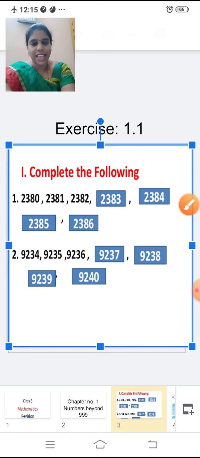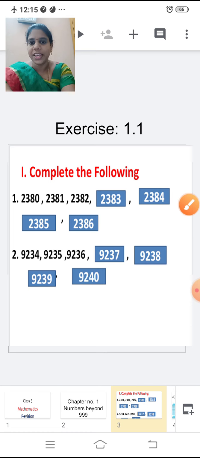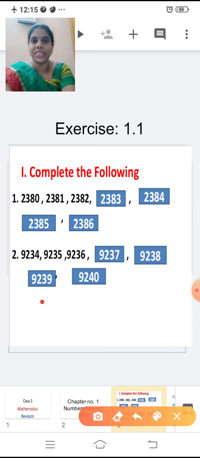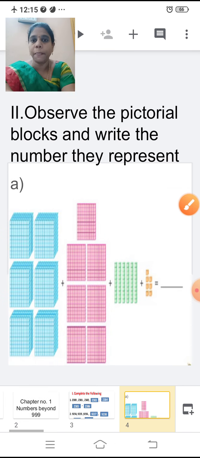Next, 9238. You're going to add 1 to this number. So the answer will be 9239. Then at last 9240. Clear, children? So you all know how to write the consecutive numbers, right, children? Now let's move on to the next one.